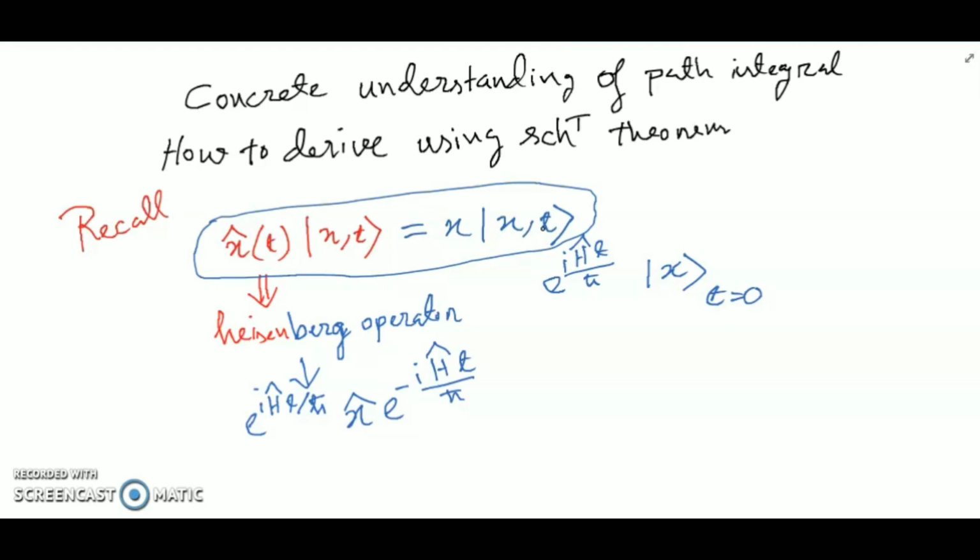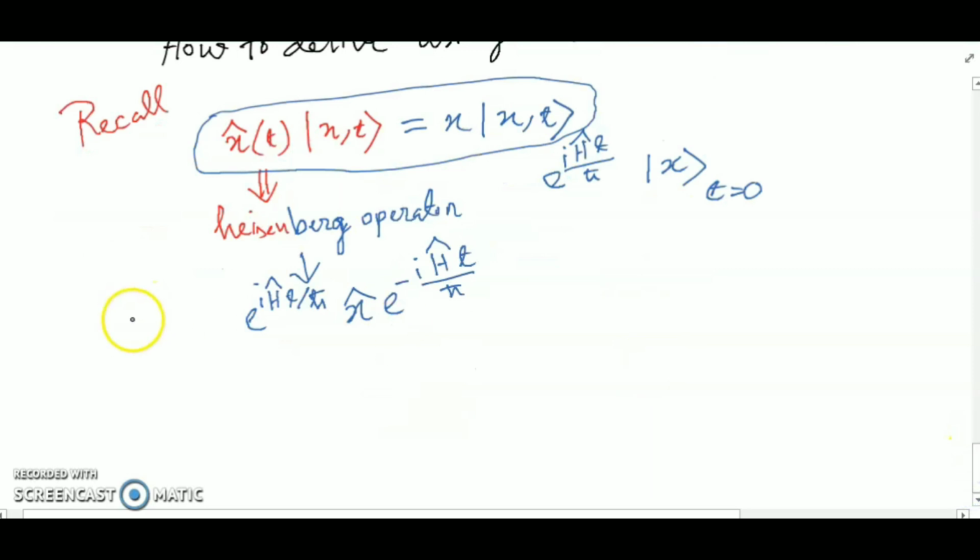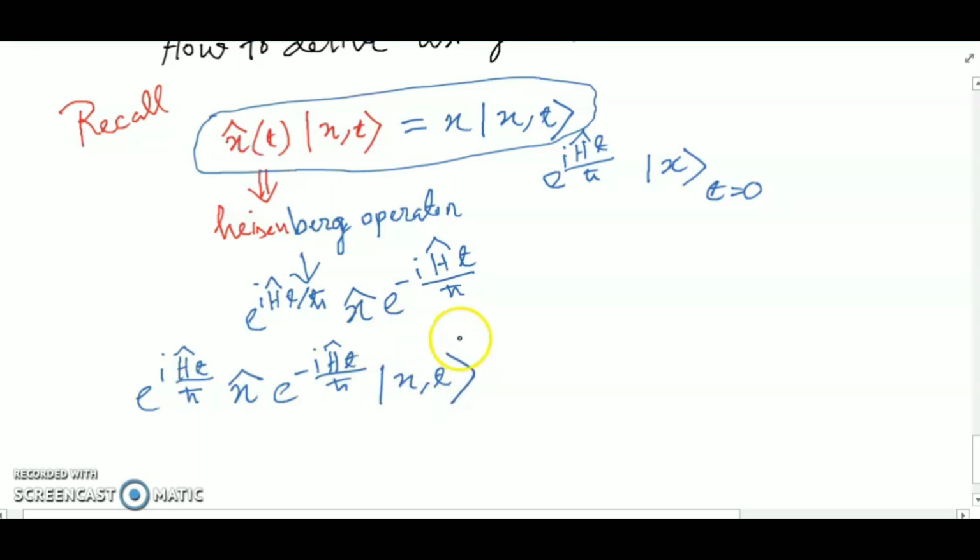So this equation can be written this way: e to the power i h hat t divided by h bar, x hat, into e to the power minus i h hat t divided by h bar, x comma t, equals e to the power i h hat t divided by reduced h bar, x hat x.